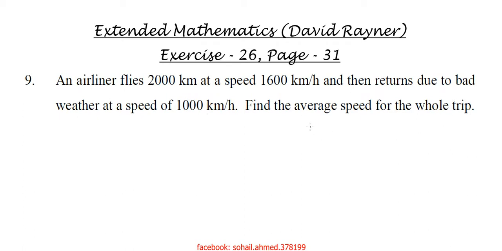To find the average speed, we need total distance and total time. Now, what are given here? Distance D1 is 2000 km.